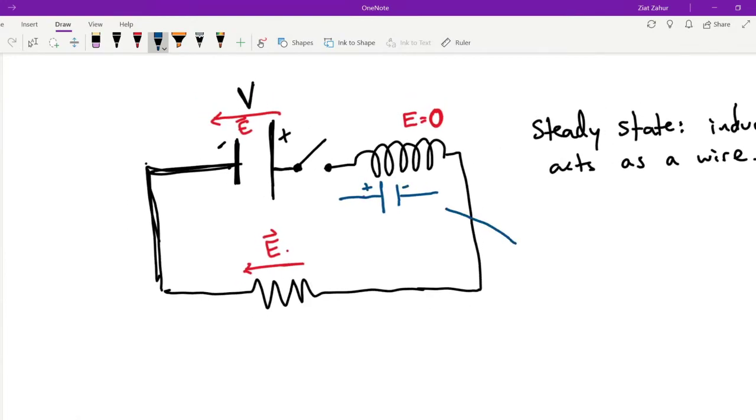So the inductor acts like a battery in that it'll fight the current. It pushes the current the other way. Okay, because when you turn it on, you're trying to push current to the right, but the inductor will do the opposite and try to push the current back to the left because it's going to fight the change.